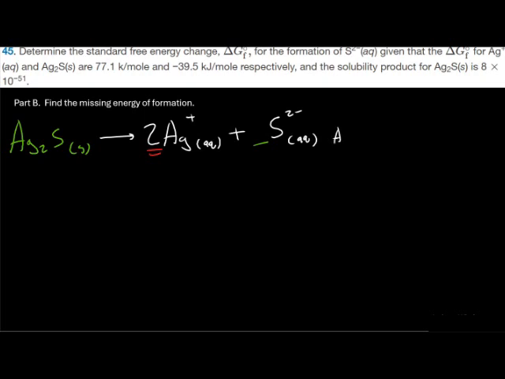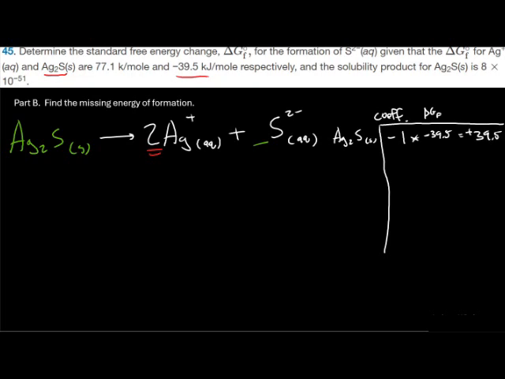We'll start with Ag2S, solid. We know that its coefficient in this reaction is 1, and because it's a reactant, we'll say -1. We'll multiply this by its energy of formation, which is given in the question as -39.5 kilojoules per mole. If we multiply together, we'll get +39.5.